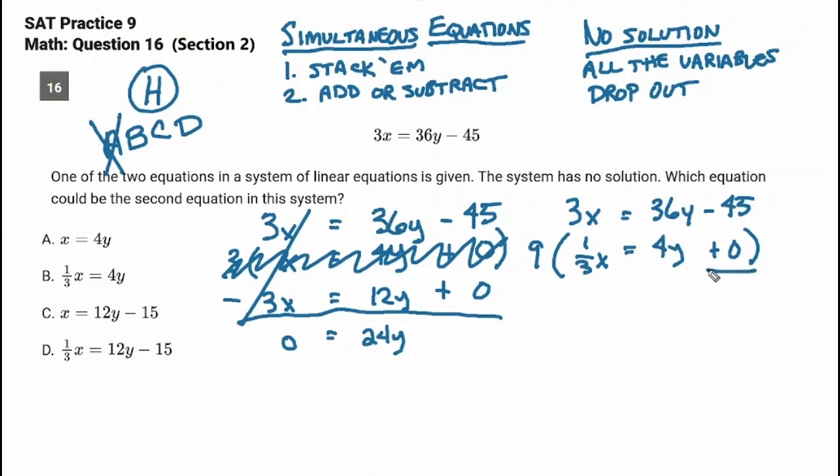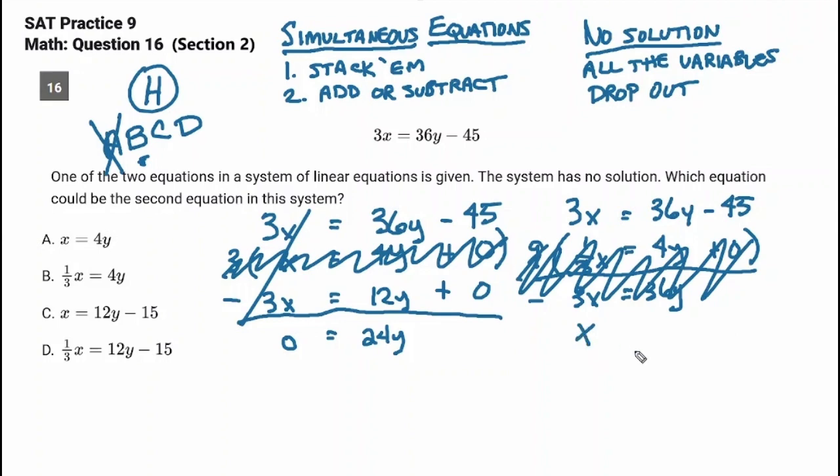So if I do that, 9 times 1/3, be careful, that's 3x equals 9 again times 4 is 36y. All right, now, we're going to run out of space here. If I subtract, what's going to happen? Are the variables going to go away? They totally are. So this is definitely a potential answer. Let's keep it.